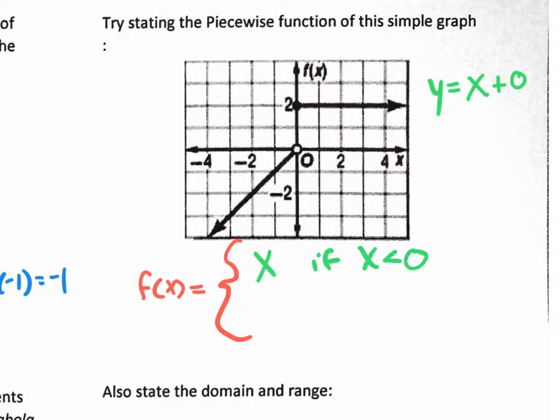Now how about this other one? Let's do it in blue up here. This guy, that's a totally flat line. It's horizontal. What equation is that? That's y equals 2, isn't it? Right? But we only want a piece of it. We don't want the whole thing, so let me erase this. So instead of saying y equals 2, we're going to say y equals, and right here we put the 2.